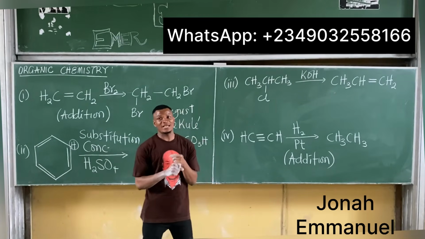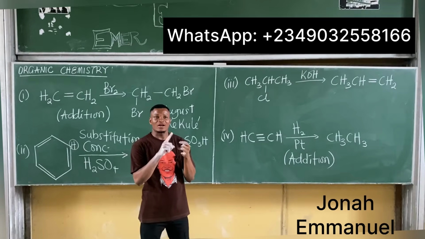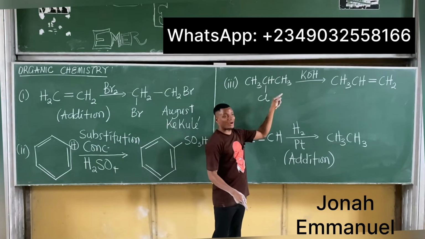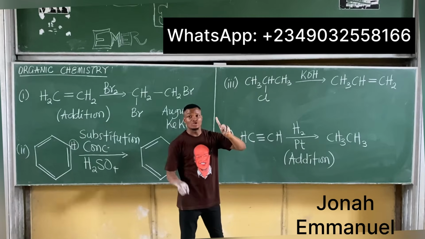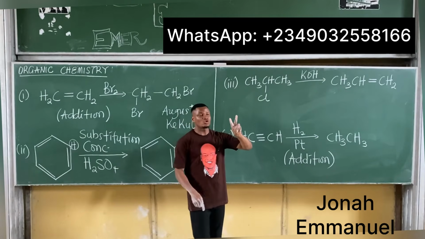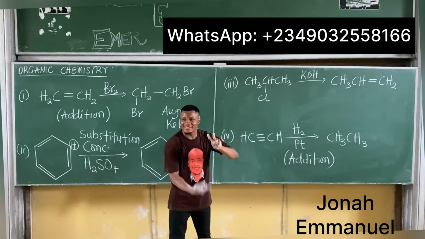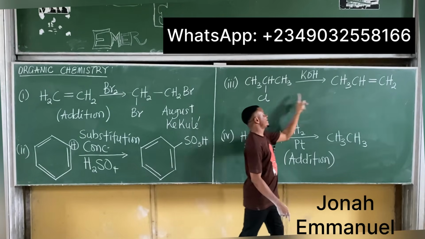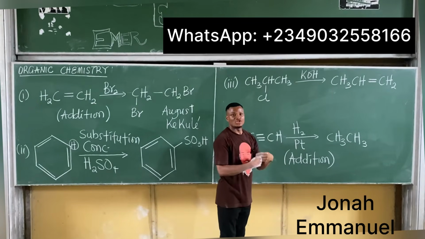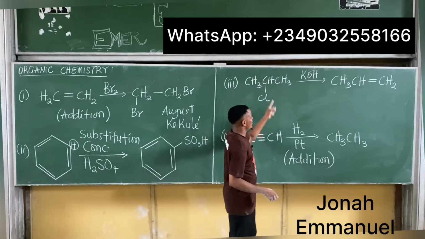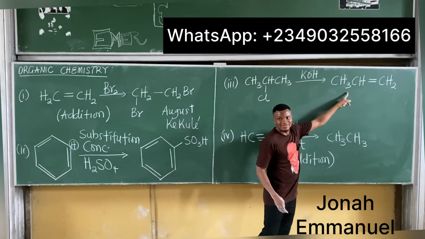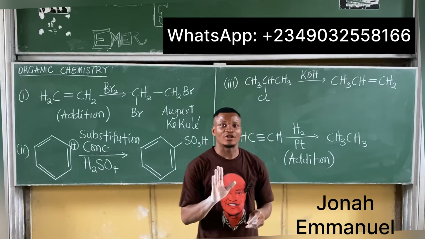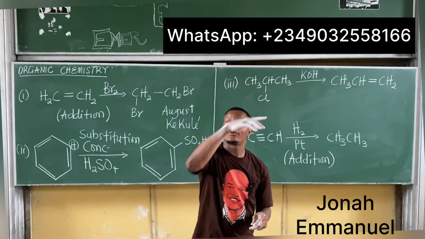Look at three critically. For number three, observe that the reactant is not breaking down. It's from alkane to alkene. It's not breaking down, so it's not addition. Number two, it's not the same thing on both sides. Assuming it was just alkane, alkane, and maybe this one was changed, that I've said is substitution. But then observe it became an alkene. So it's more like, for an elimination, a build-up process.